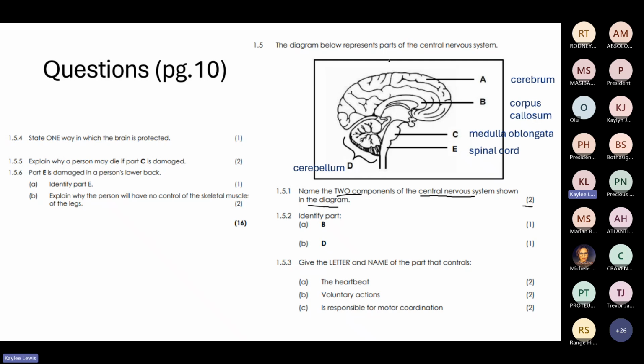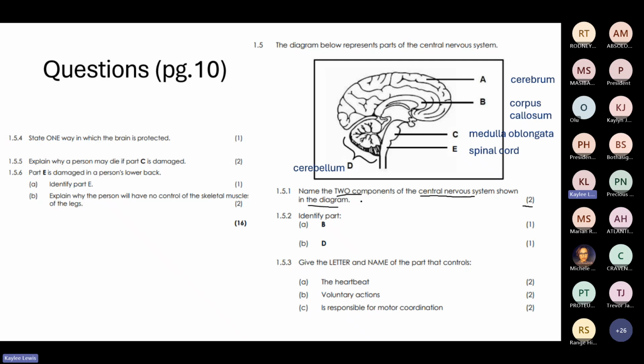Now you know what two things make up the central nervous system. That would be the brain, and we can see the brain here, and it will be the spinal cord, and you can see the spinal cord here. So the answer for 1.5.1 is going to be brain, 1 mark, and spinal cord, your second mark.